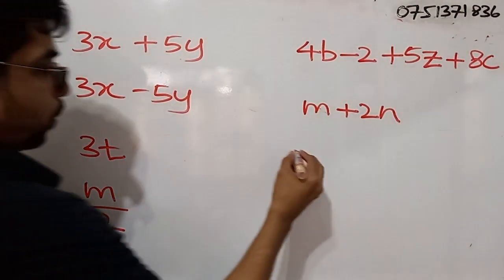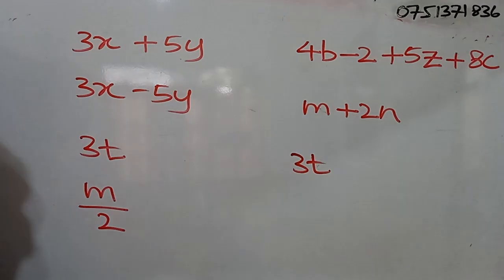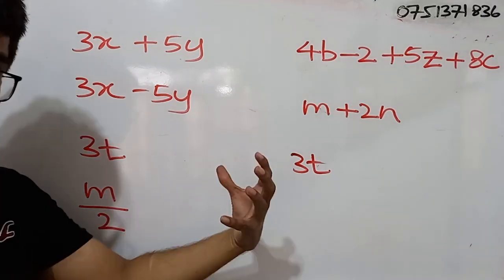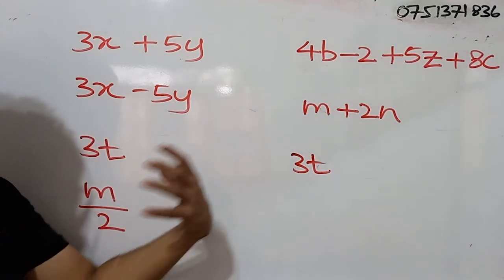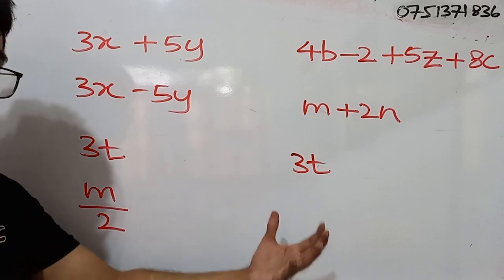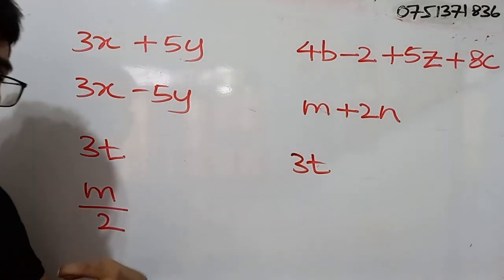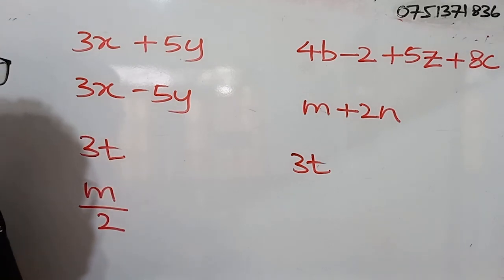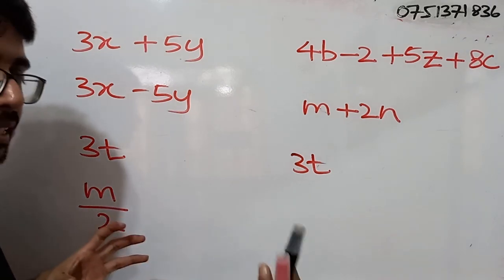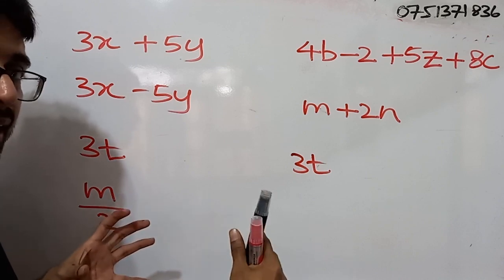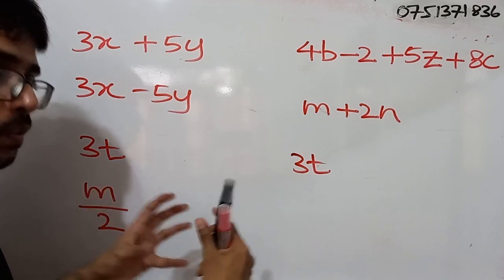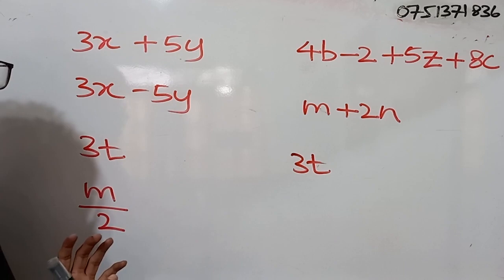Right. So now we will take a look at the third algebraic expression. At the beginning, when we learned what is meant by a term, a coefficient, a constant related to algebraic expressions, I told you almost all the time algebraic expressions are created by adding or subtracting terms.